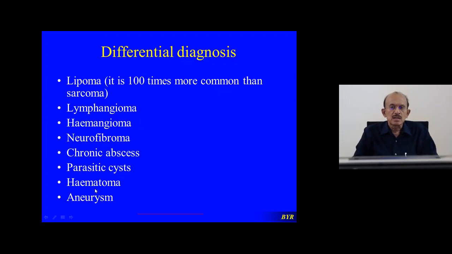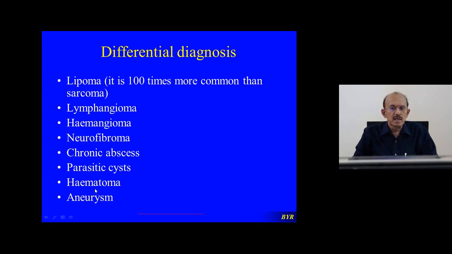Because sarcomas are malignant tumors arising from the soft tissues, they will usually be deep to the deep fascia. That means usually in the muscles or deep to the muscles. That is why any benign tumor arising in the muscles can also be mistaken for sarcoma.